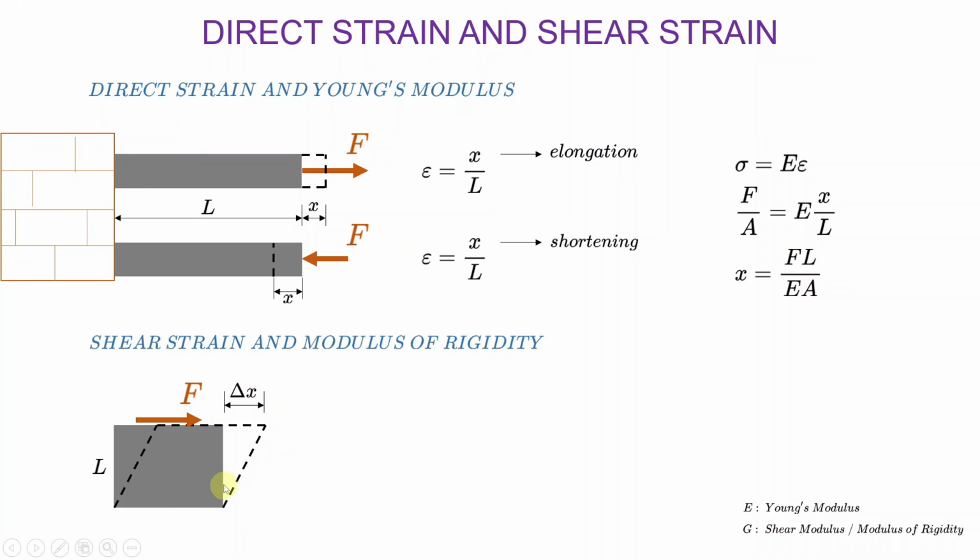And so the angle that you have here, let us refer to that as theta. As you can see, if you look here, we have a right angle triangle. So now, the shear strain is actually tan of theta. Therefore, shear strain is going to be equal to delta X divided by L, and that is equal to tan of theta.